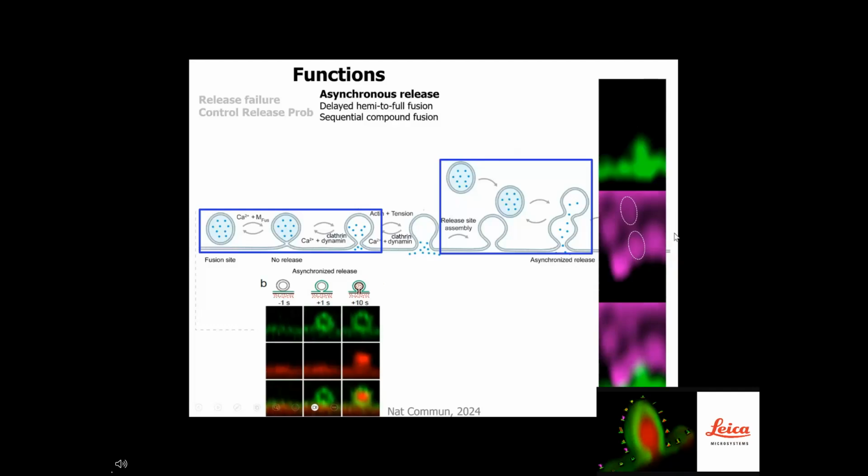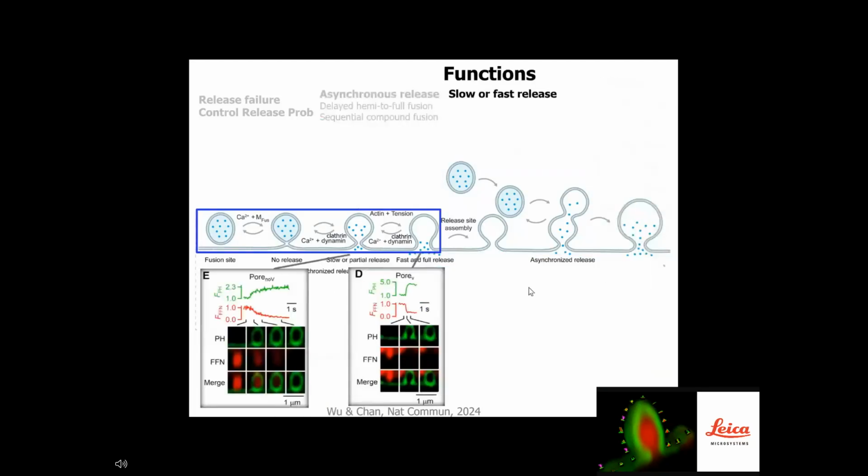So I'm going to play this video. Fusion occurs, and then you see the second one, the formation of the H-shaped vesicles. Now it's repeated again so you can see them. So that's the sequential compound fusion that can cause a synchronized release.